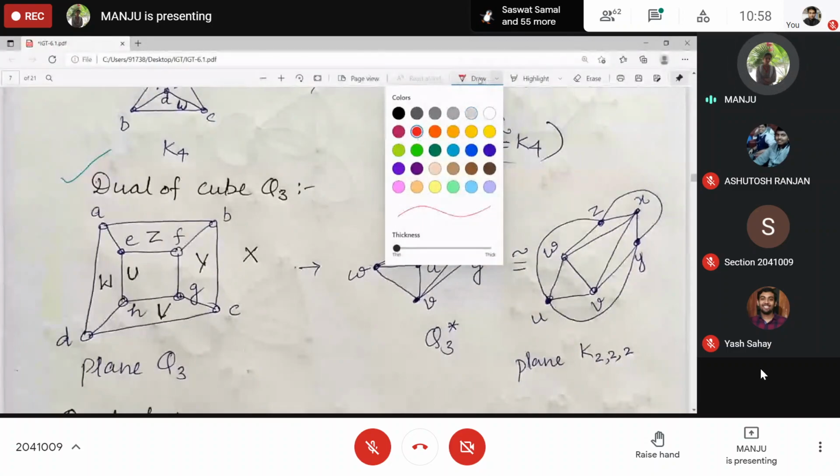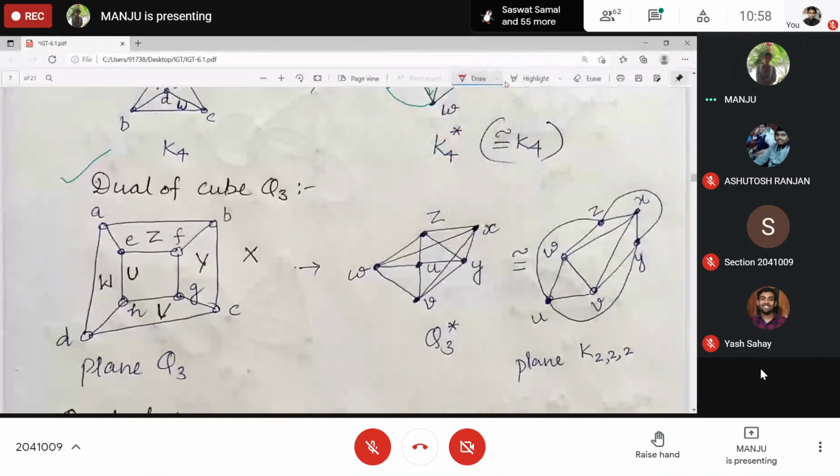That's why we are able to draw it as a plane, right? So this is the plane form of Q3, the cube in 3 dimensions, and its dual will have how many regions? 6. These 6 regions are transferred to faces in 3 dimensions.